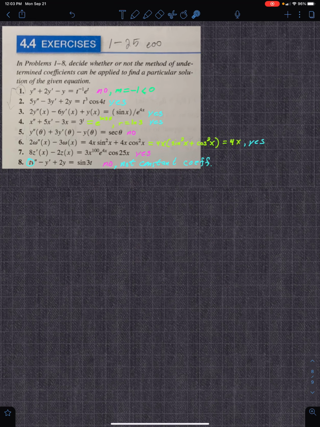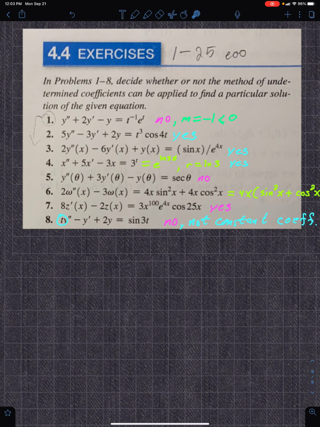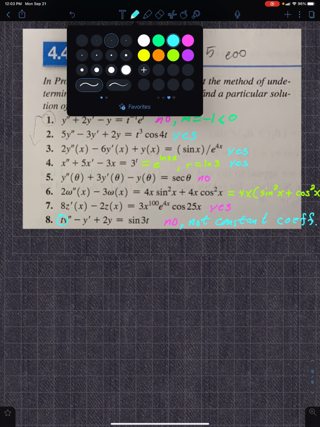So let's check it out. In the first one, again, all the answers are there, so you can already see them. Maybe I should have blocked them out. I don't know. Could always block them out.